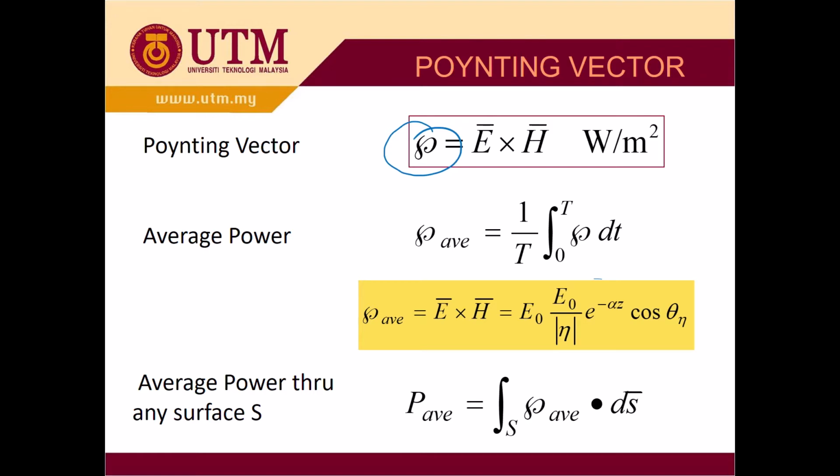And the average power, P average, is equal to 1 over the period T, the integration from 0 to T of the Poynting vector dt. Why do we call it the Poynting vector? Because it points in the same direction as the propagation.